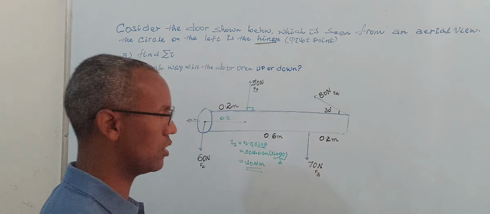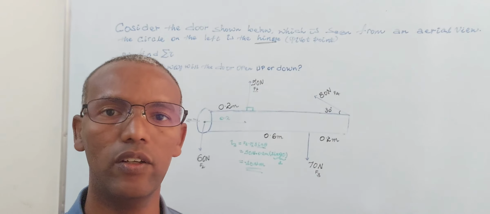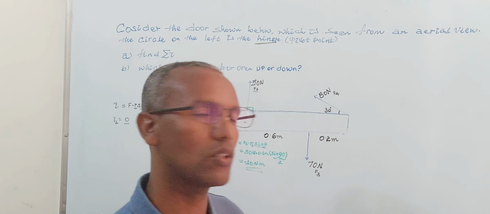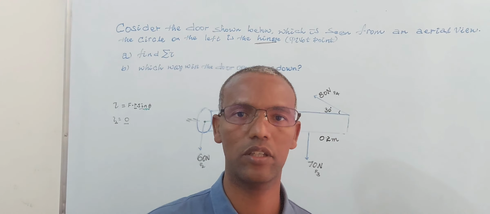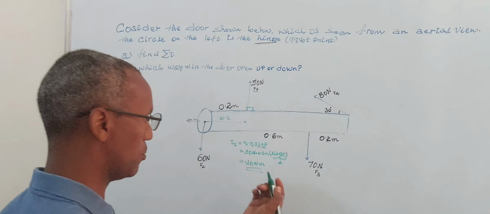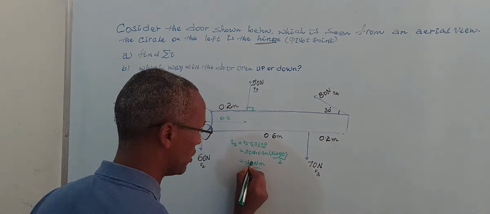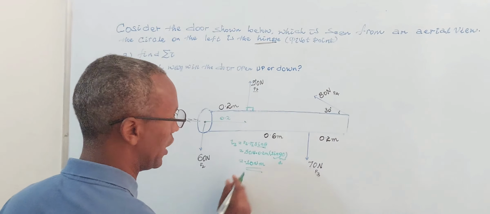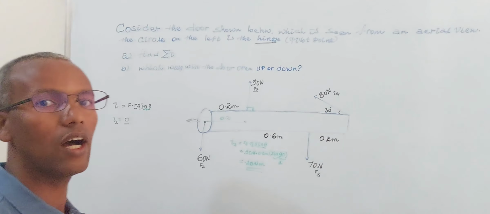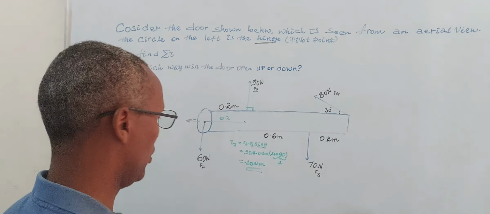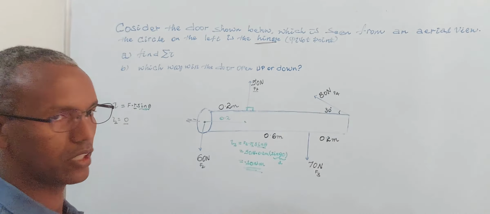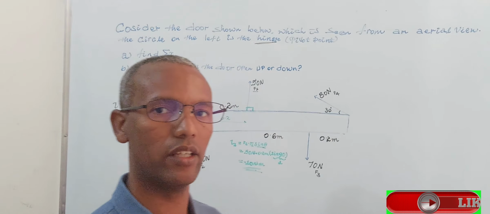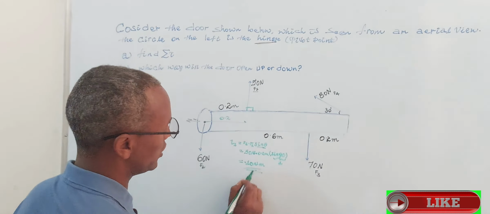Or, if I apply the force at the end of the door, the door is going to open, which is basically into the page, meaning its direction is clockwise, which is the negative direction. So that is it for this one.